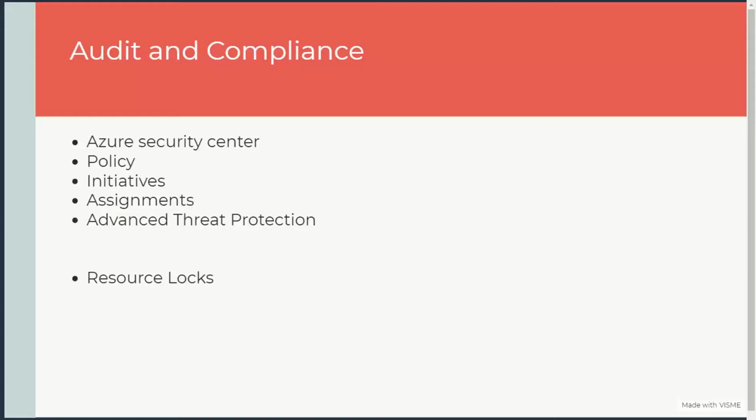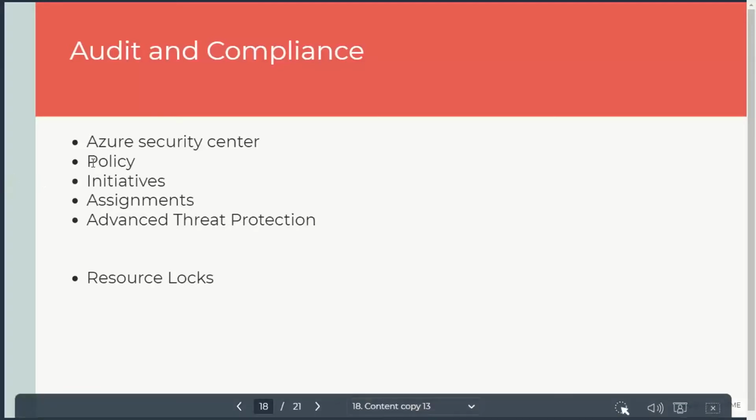Automatically, if any service is non-compliant, they can get the details at the subscription level. For example, they can see that in subscription A there is a database that is not doing any kind of encryption. Those kinds of non-compliant statuses they can see in Azure Security Center.